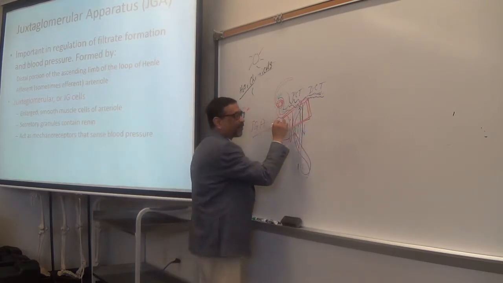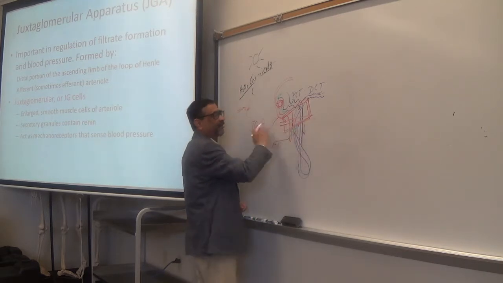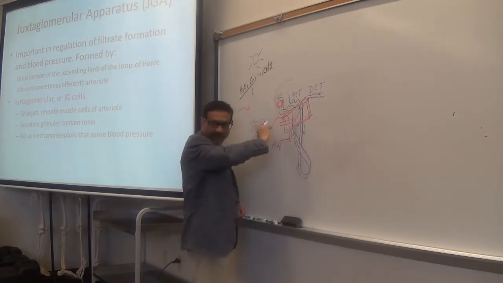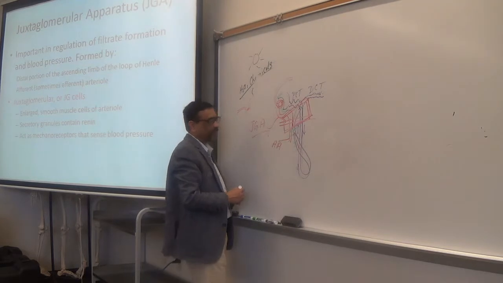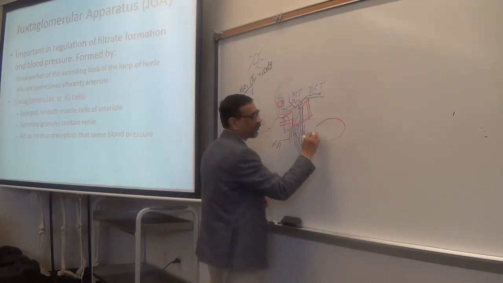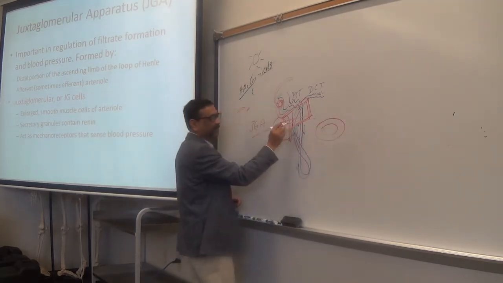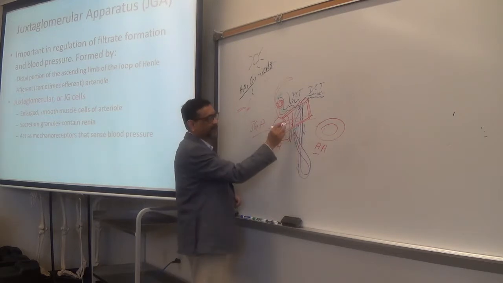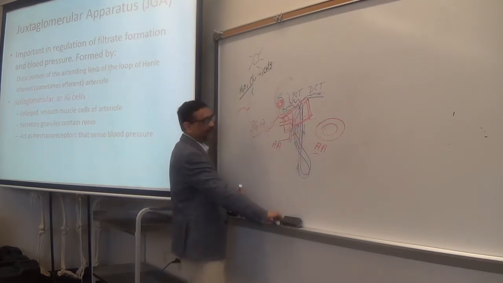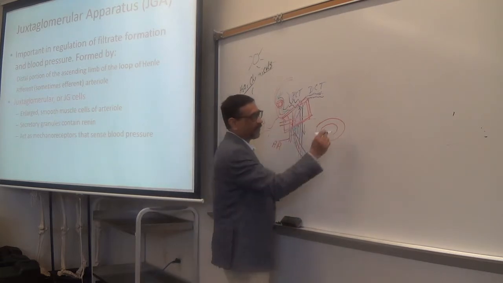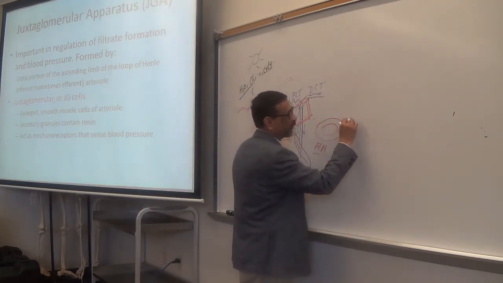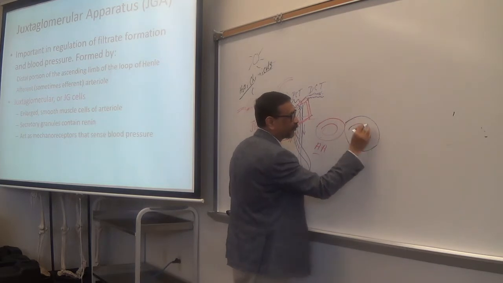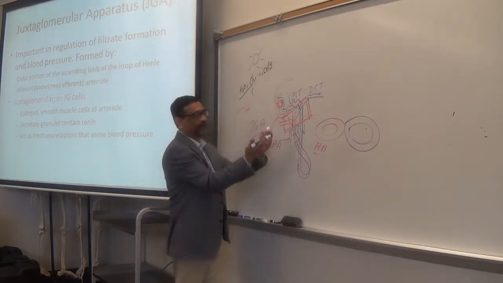Now if I make a cross section here, make a slice, what will I see? A structure, this is what? Afferent arteriole, right, this one, and also another tube, this one, that is the ascending limb of loop of Henle together.